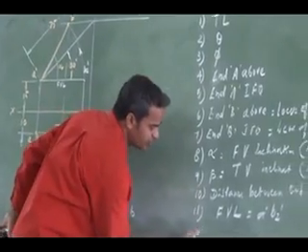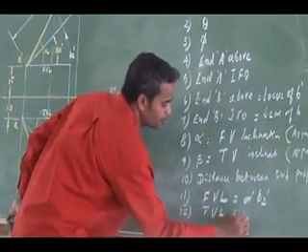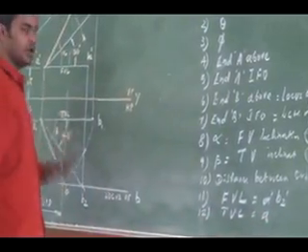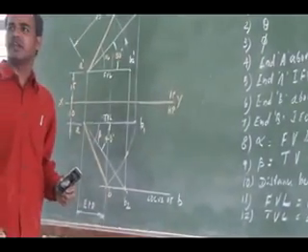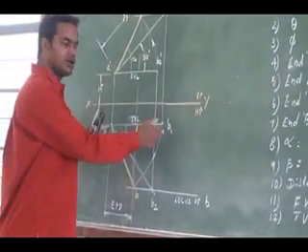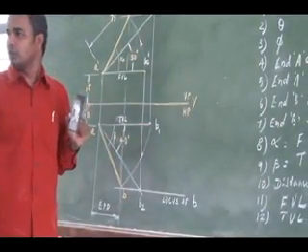Similarly, a top view length may be given in the problem, A B1. If it is given, you have to draw a horizontal line below the reference line, that is A B1, and mark it.